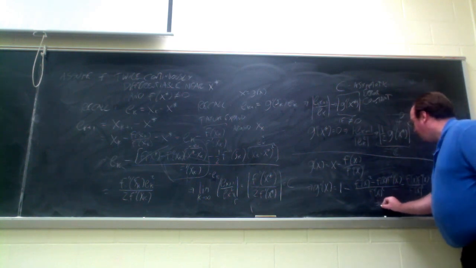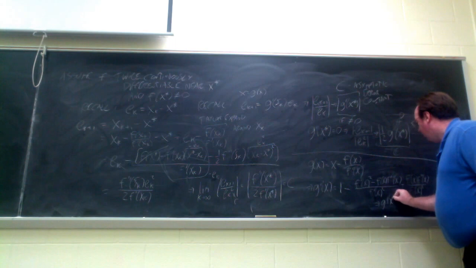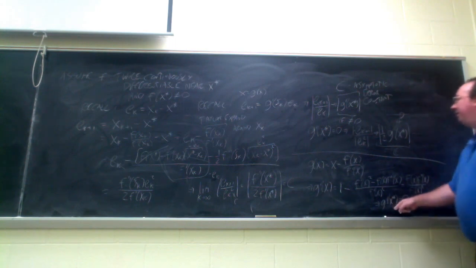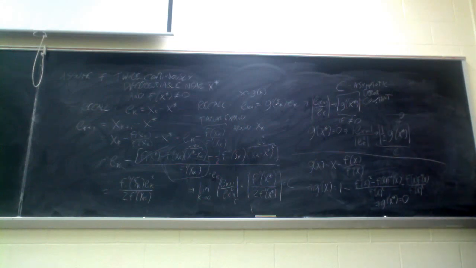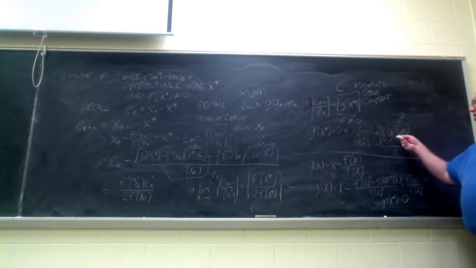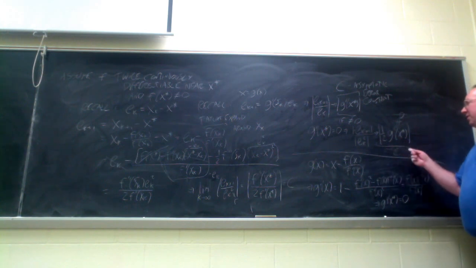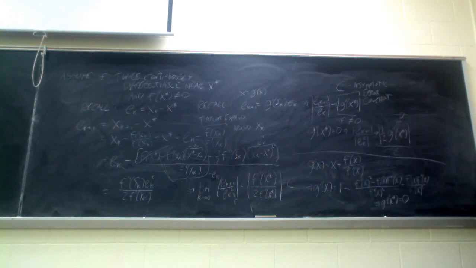So g prime of x star is 0, so we get quadratic convergence, or I should say at least quadratic. In order to be sure, you have to look at g double prime, but generally that's going to be non-zero. So that's one way: if you can come up with a fixed point iteration, x equals g of x, where you can be sure that g prime is 0 at the root, that's quadratic convergence.